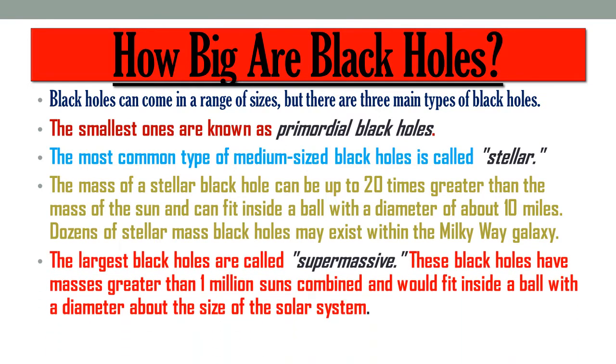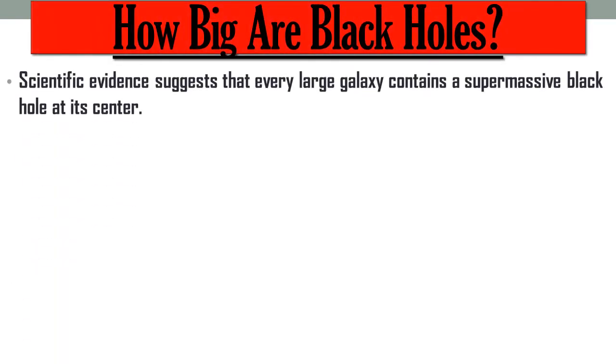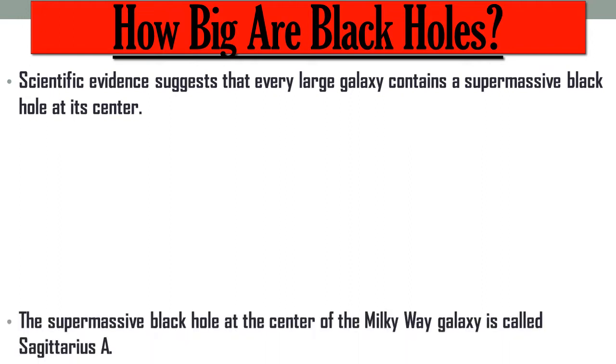The third, and largest, type of black holes are called supermassive black holes. These have masses greater than 1 million suns combined and would fit inside a ball with a diameter about the size of the solar system. Scientific evidence suggests that every large galaxy contains a supermassive black hole at its center.